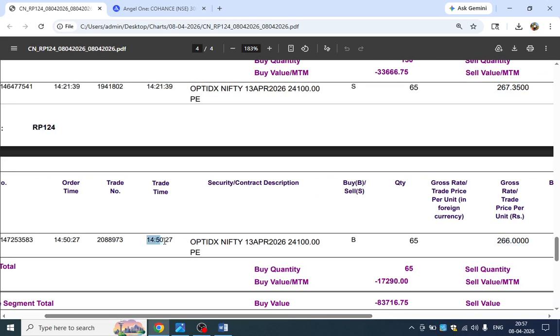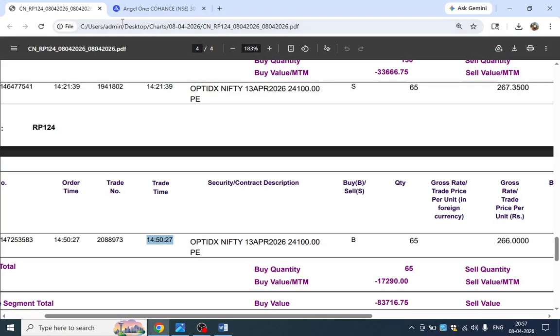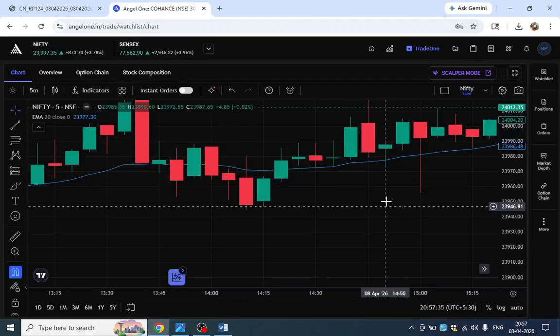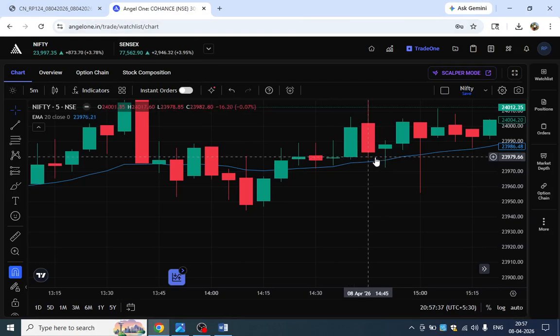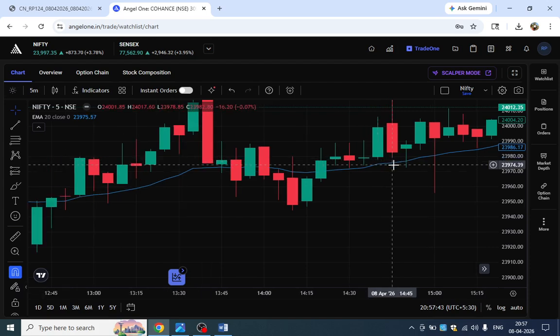and I'll let you know what the time is. It is 14:50, that means around below this bar, around this I got out of my trade at break even.